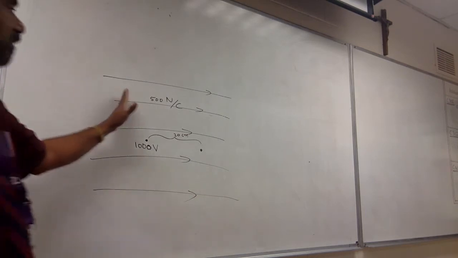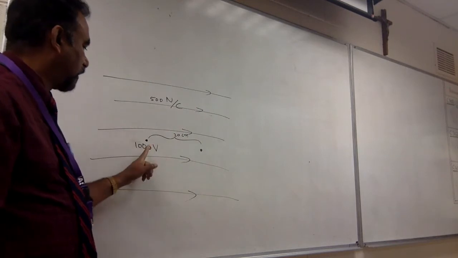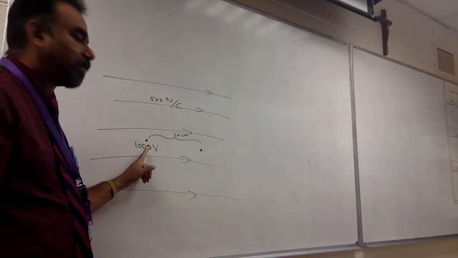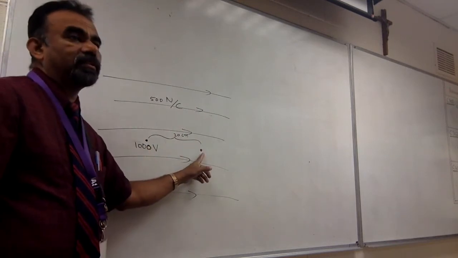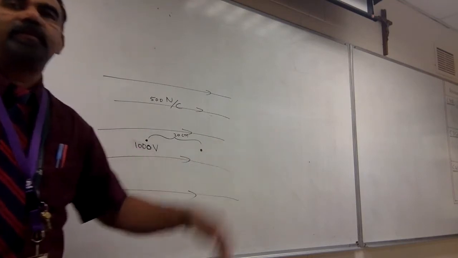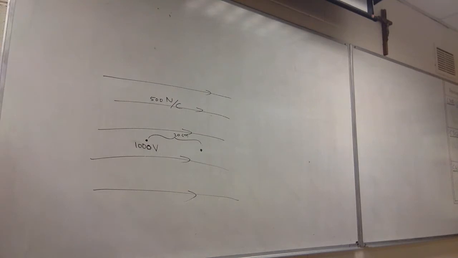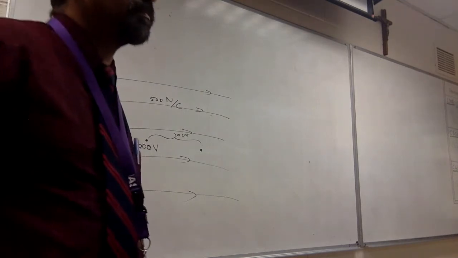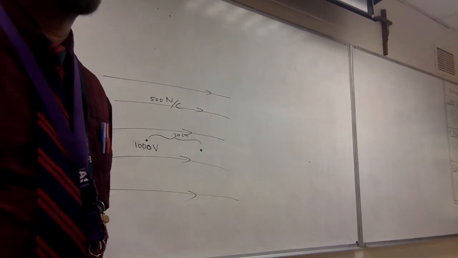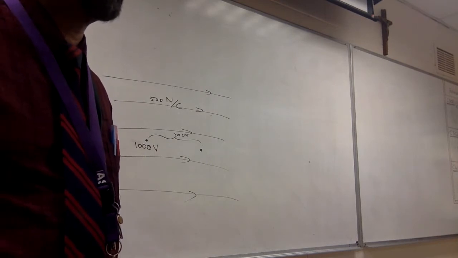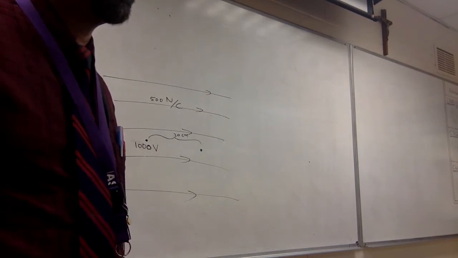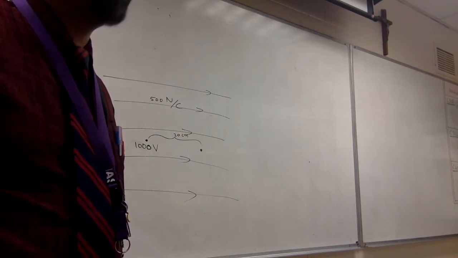So again, the electric field is 500 Newton per Coulomb, and at this point the potential is 1000 volts. What's the potential 20 centimeters ahead? 900. 900.